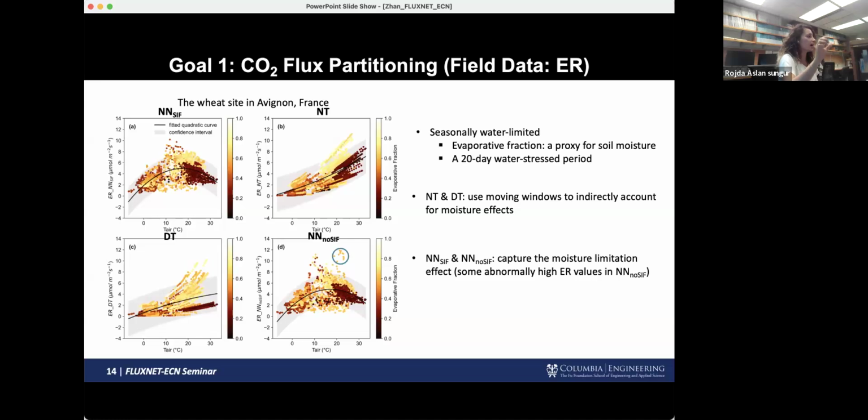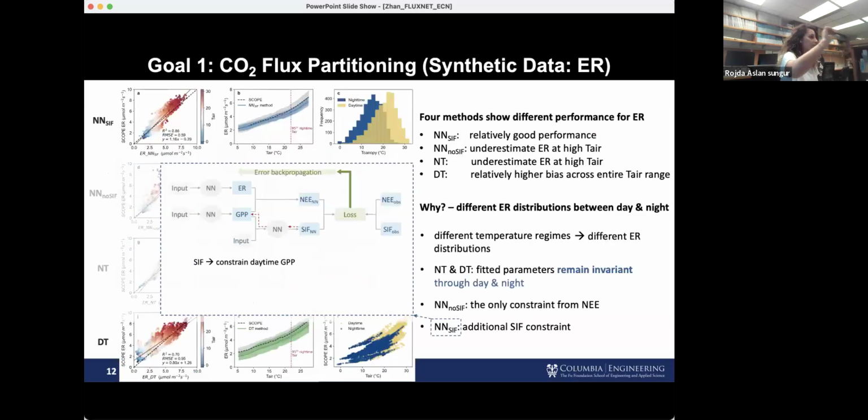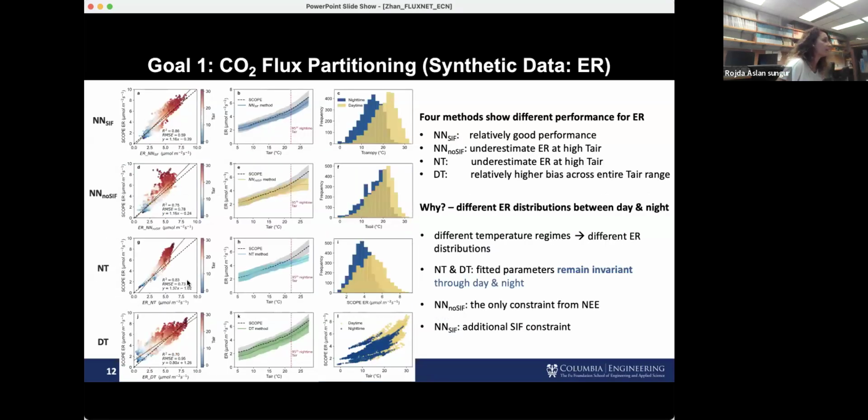I remember for high temperature, the models with no SIF couldn't pick the trend, right? So I'm wondering how the model with no SIF captured that trend so well here, while it behaves similar to nighttime respiration partitioning. Is it clear? Yeah.